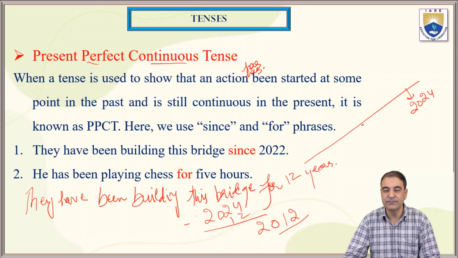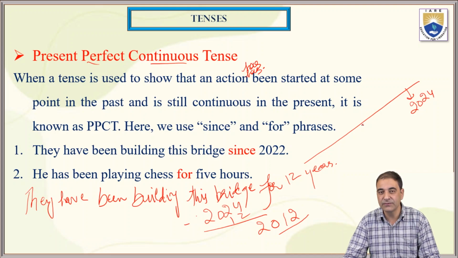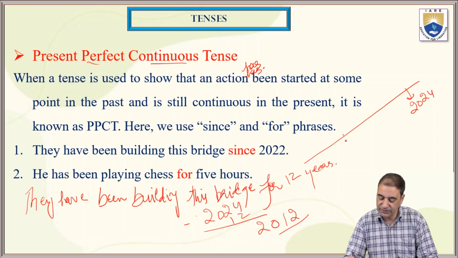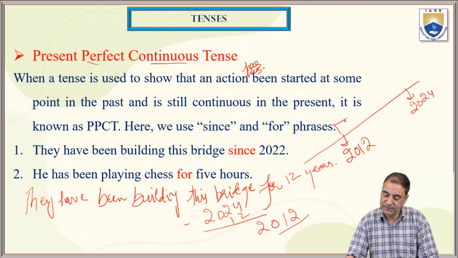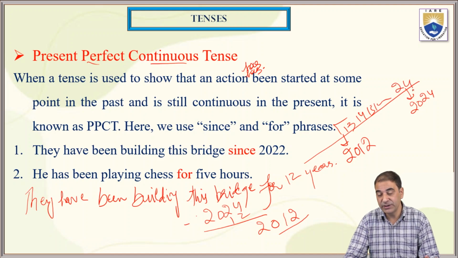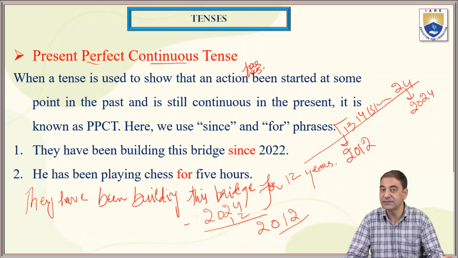It means that the work started in the year 2012. It started in 12. In 13, it was continuous, 14, 15, 16, up to 2024. And today it's 2024, still it's in progress, it's incomplete, it's continuous.